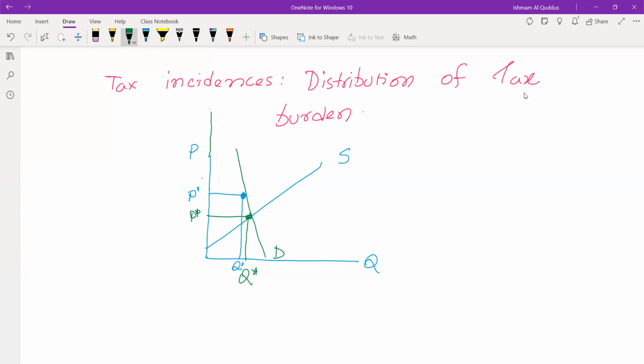The next part is to find out the amount received by the sellers. So how do you do that? This is where it intersects. So you draw the corresponding price level, that is P2.